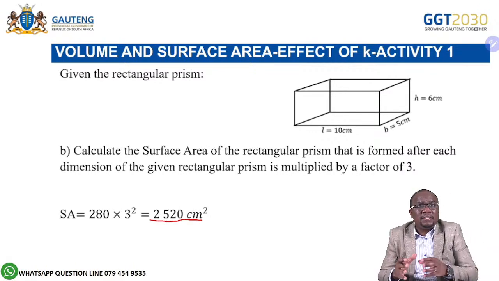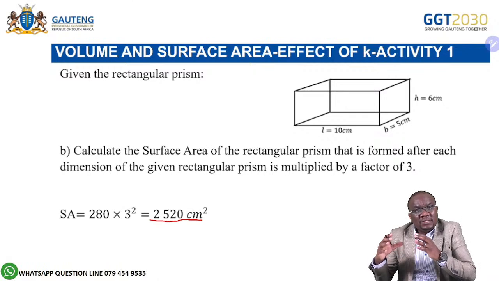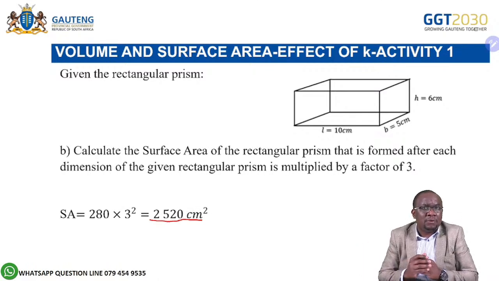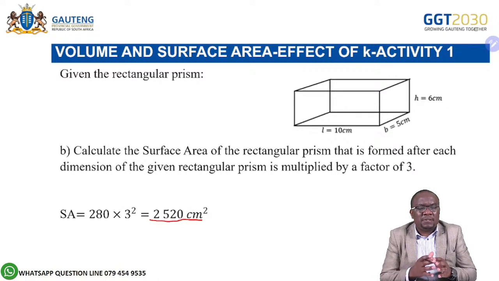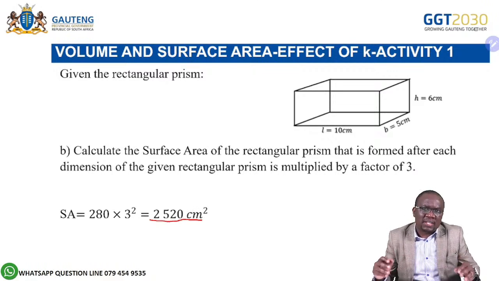There was no need for us to multiply all the dimensions by 3. We just multiply the area of the original prism by 3 squared. Then we get the new surface area.